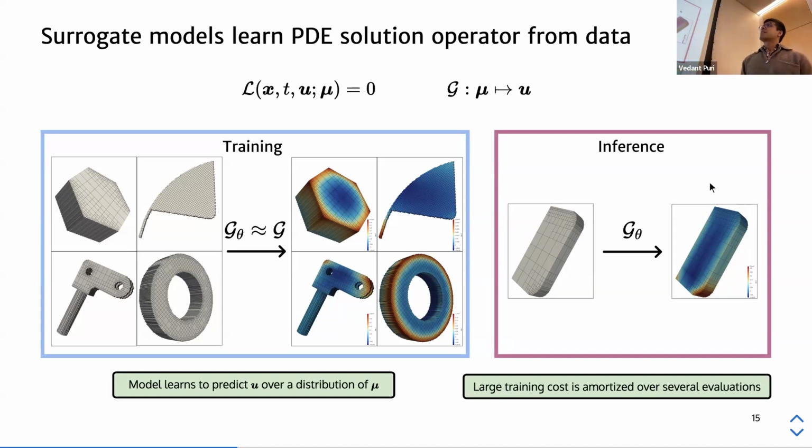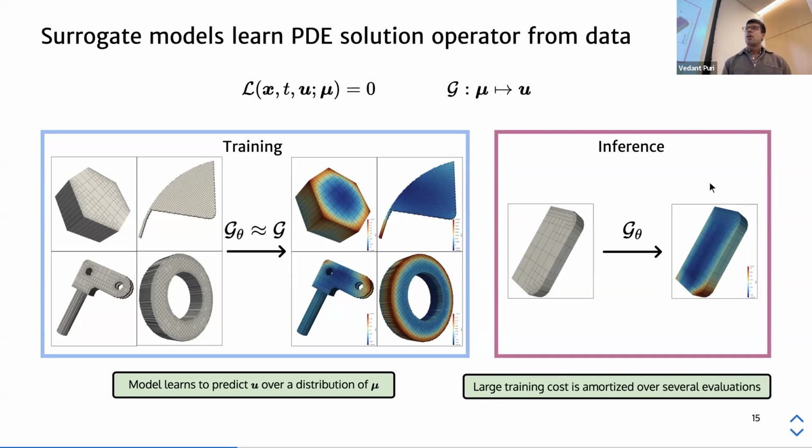Right. But how do you actually go ahead and learn it? What you do is you train on a large number of samples from a distribution of these process parameters, these geometry parameters, and you learn to predict your solution over that parameter space with the hope that your model ends up generalizing over that distribution of parameters.